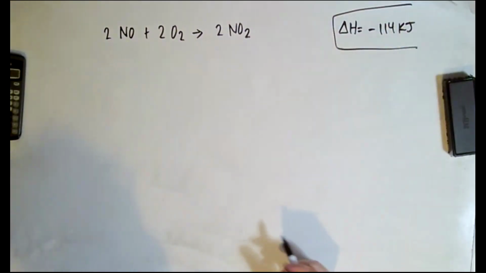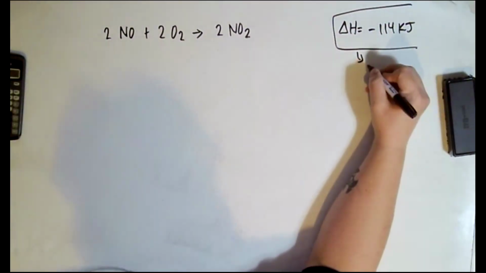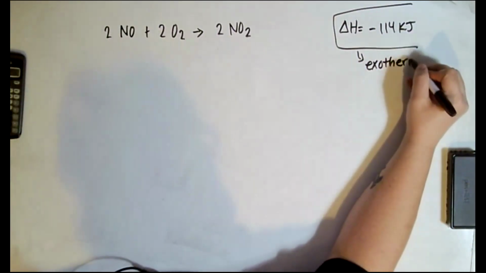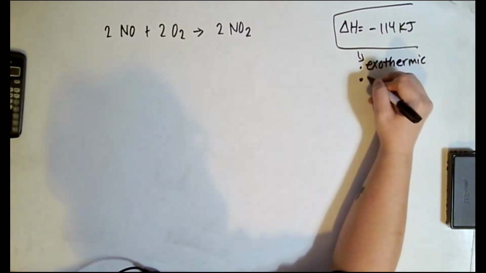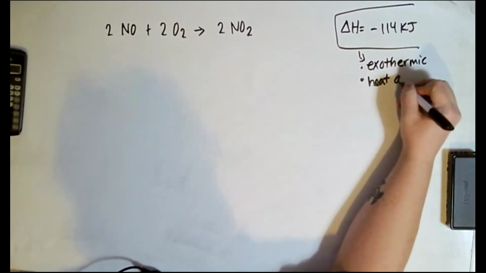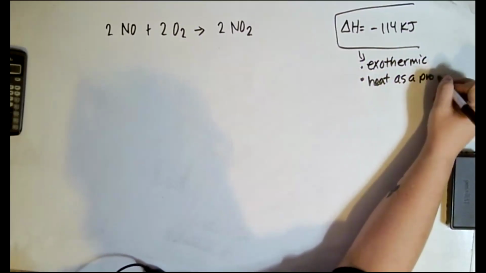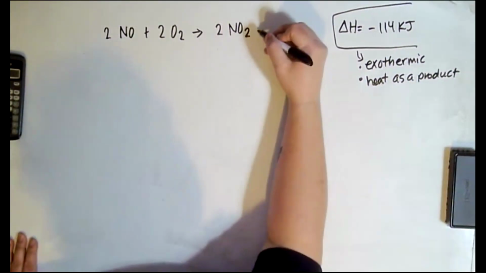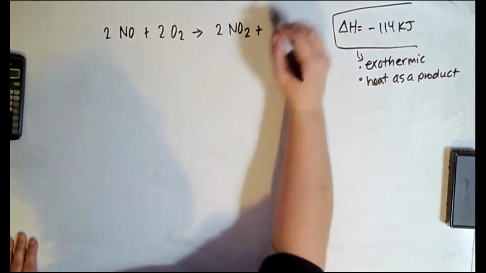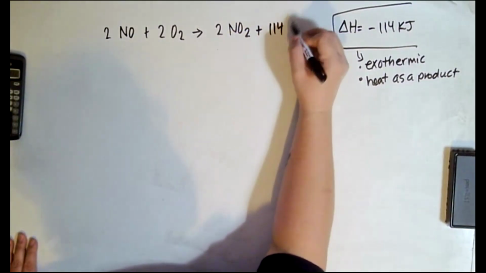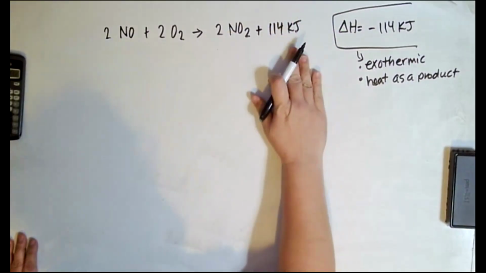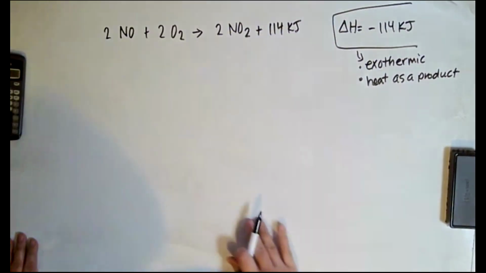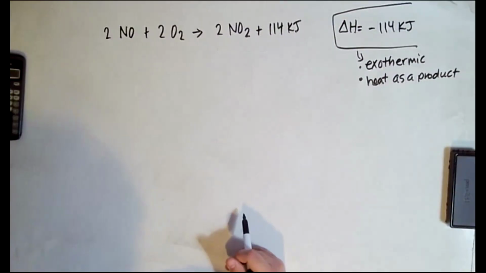So with this information, we know that the reaction is going to be exothermic. And we know that we can represent heat as a product. So if we were going to add it into our reaction, we would put it on our product side. We would say that 114 kilojoules of heat is going to be released or produced as a product, and it's going to leave into the surroundings.